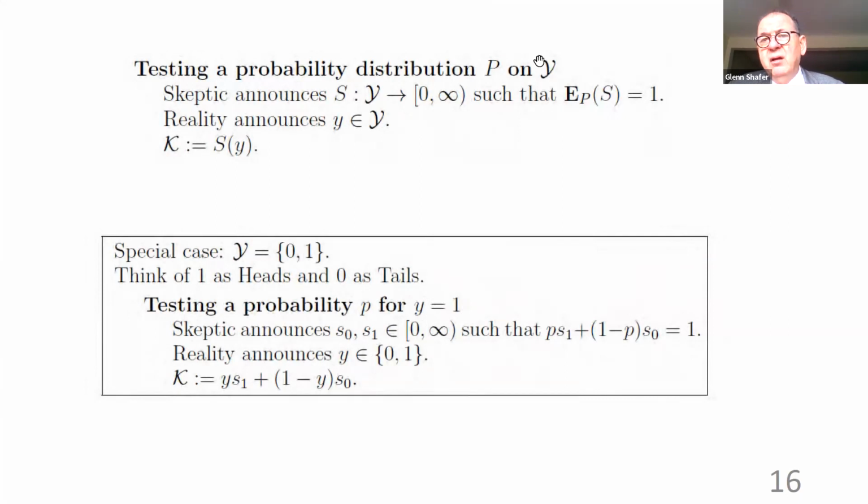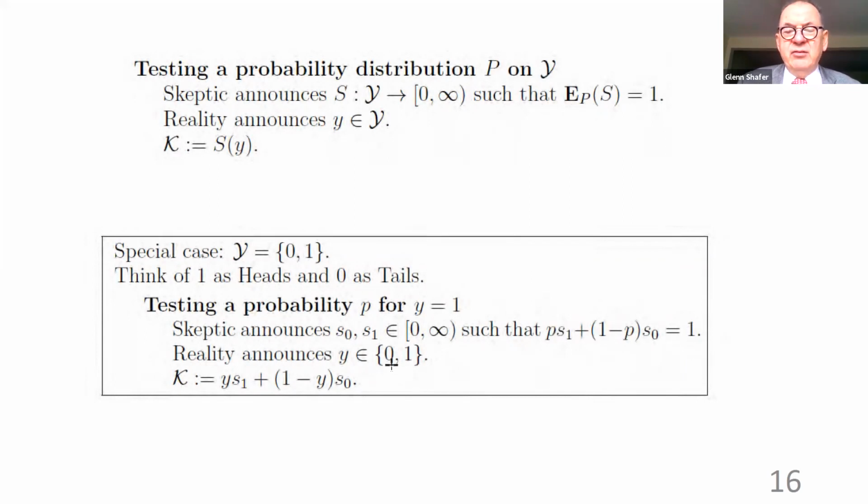Script Y is a set of 2 elements, 0 and 1. So we just need to give the capital S its values for 0 and 1. We could call those S0 and S1. And to say that the expected value is 1 means that the probability of 1 times the payoff if you get 1, plus the probability of 0 times the payoff if you get 0, adds up to 1. So that's how this relation is re-expressed.